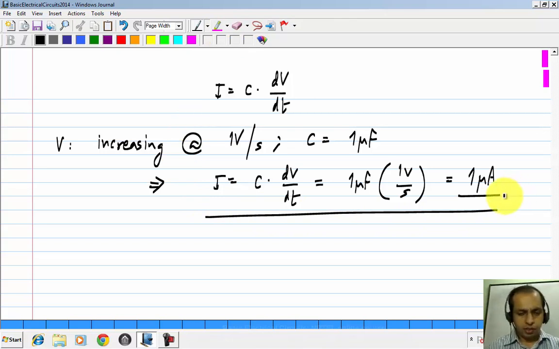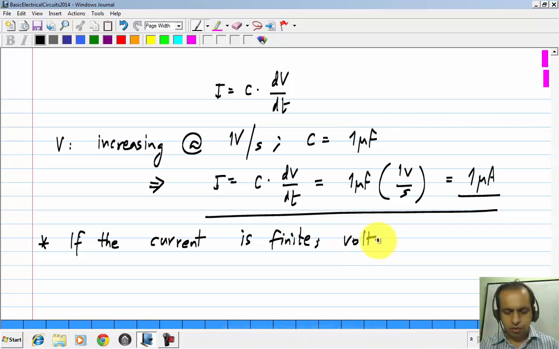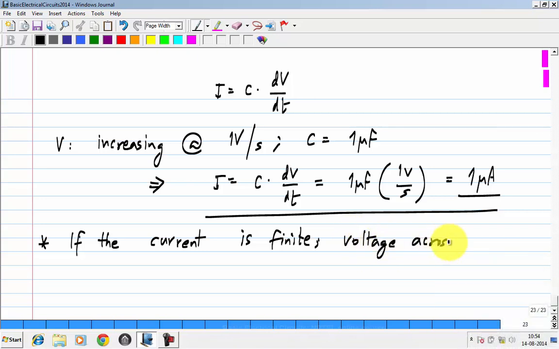It also implies another thing: if the current is finite, that is, if the circuit is such that the current through the capacitor is restricted to a finite value, then the voltage across the capacitor cannot change abruptly.